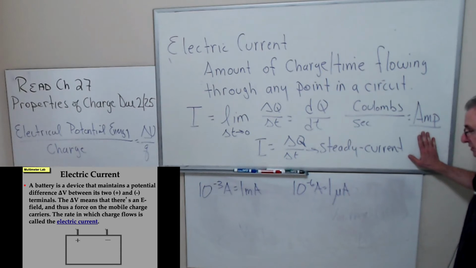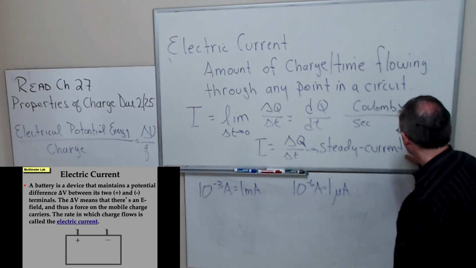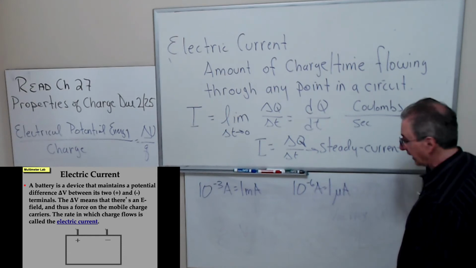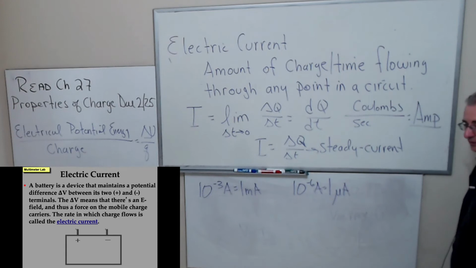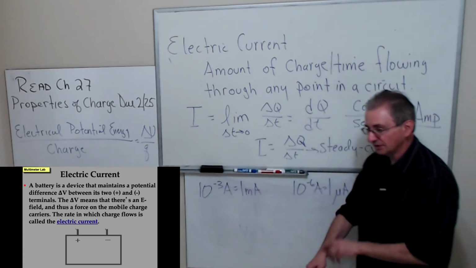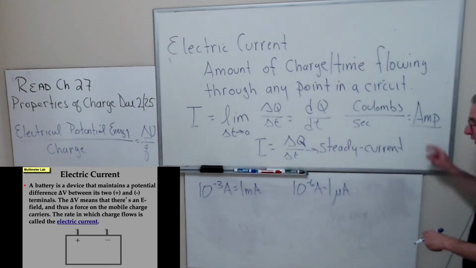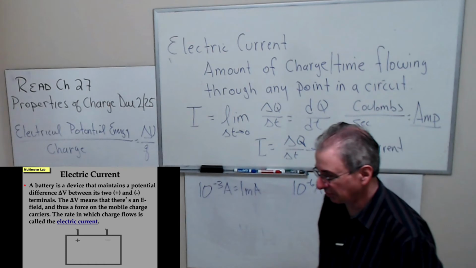When you talk about what's flowing through different parts of your computer, maybe your power supply will be in amps, but then everything else will probably be in milliamps or microamps. Well, I shouldn't say everything else. Most everything else will be in milliamps or microamps. Okay, but your power supply will probably be in amps. Or maybe the fan that's connected to your power supply.